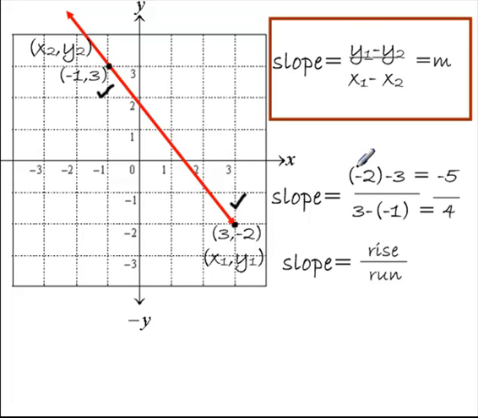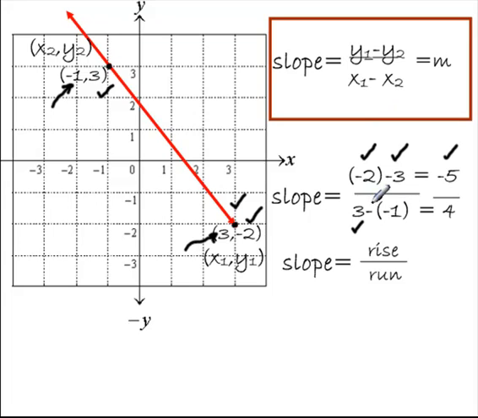Okay. Applying my slope formula, y1, right here, -2 minus y2. y2 is 3. You've got to be very careful with your signs here. Okay. And -2 subtract 3 is -5. And then on the bottom we have x1, which is 3, right here, and then we're going to subtract x2. x2 is -1.